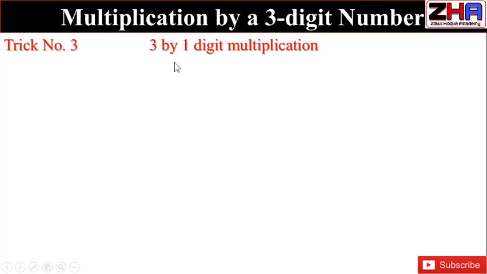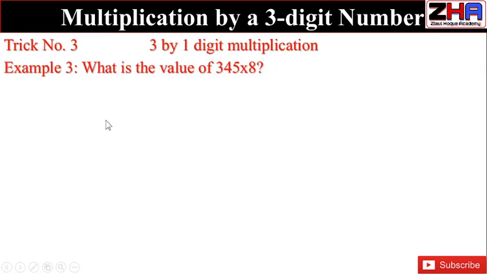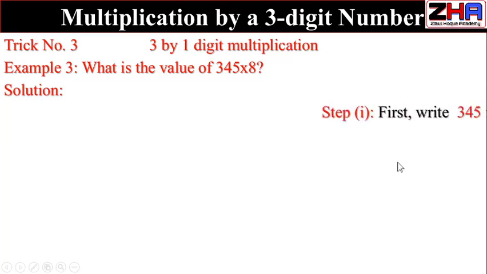Now trick number 3. This is multiplication of 3-digit numbers by a single digit. Example 3. What is the value of 345 multiplied by 8?